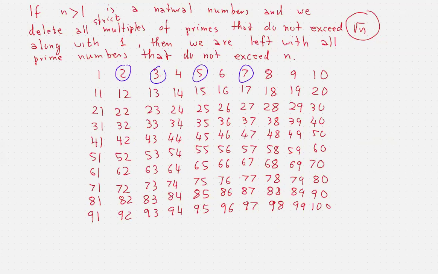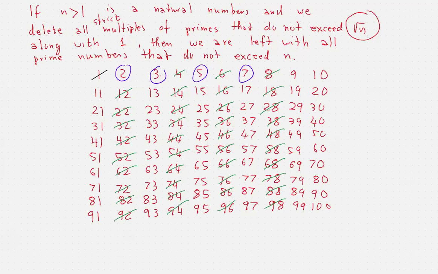Let's use a green color in order to do that. So this is the full column below 2. All the column starting with 4. All the columns starting with 6. All the columns starting with 8. And the full column starting with 10.